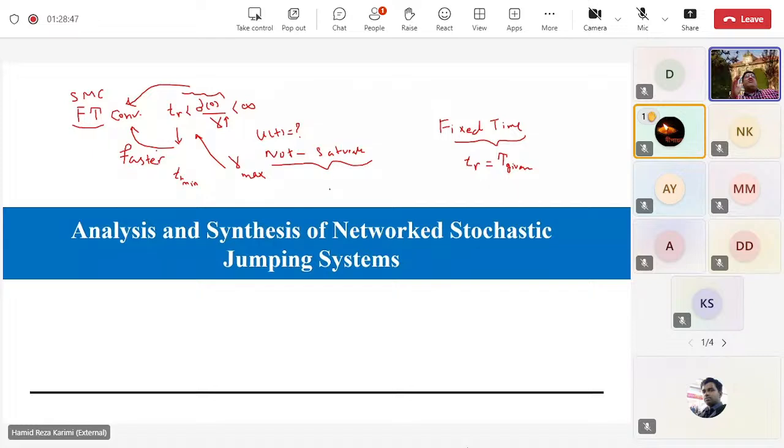Some research looks at both fixed time and finite time, but you need to distinguish between these two.